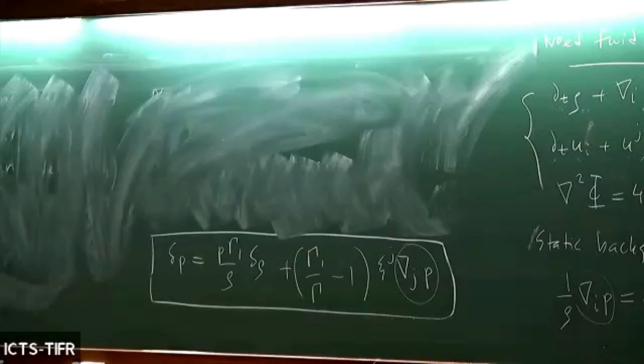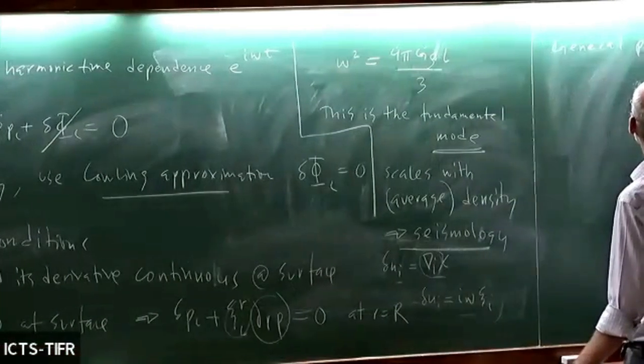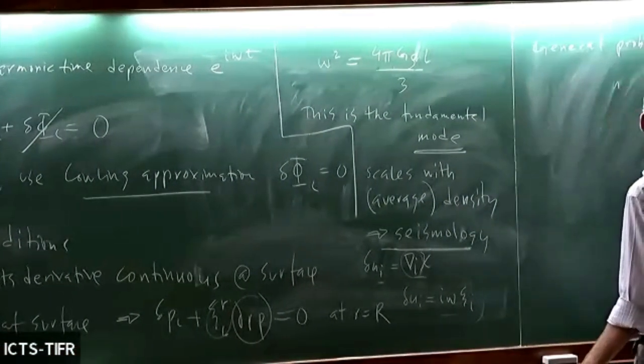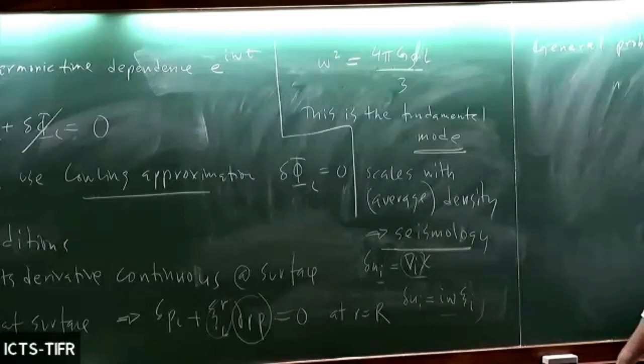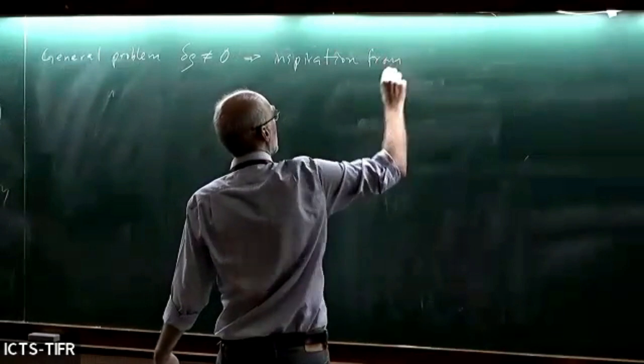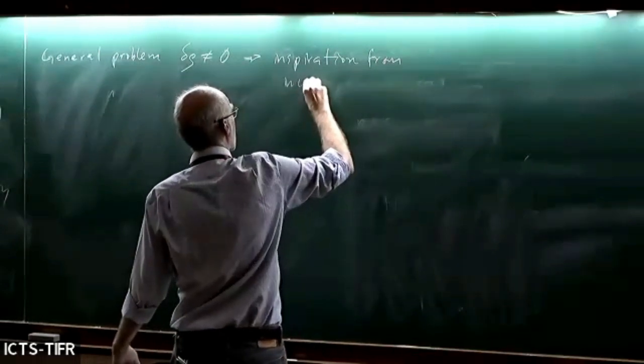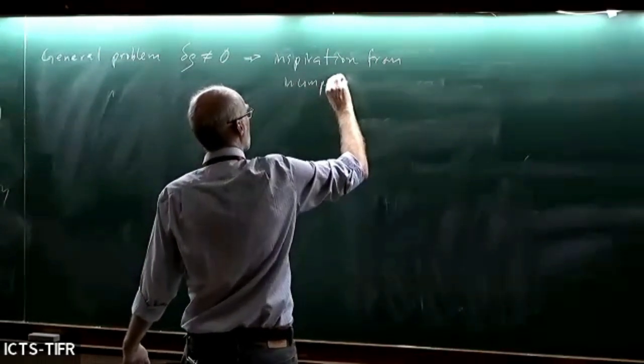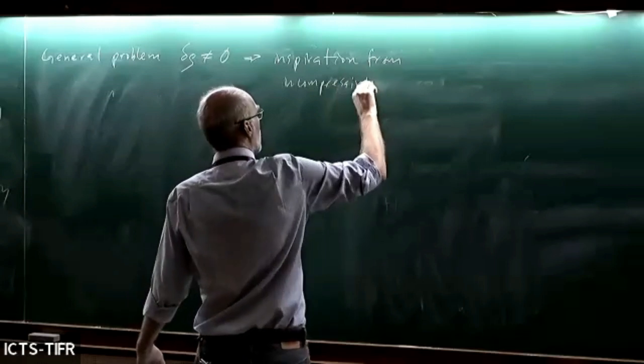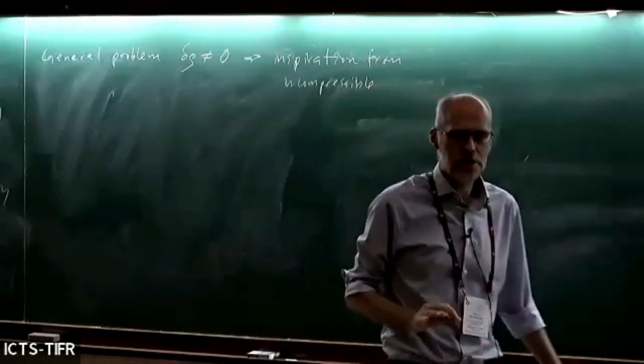So the first thing we're going to say, try to learn from this. So that's not true anymore. Deviation from incompressible. But I can still get some inspiration from what we did, right?